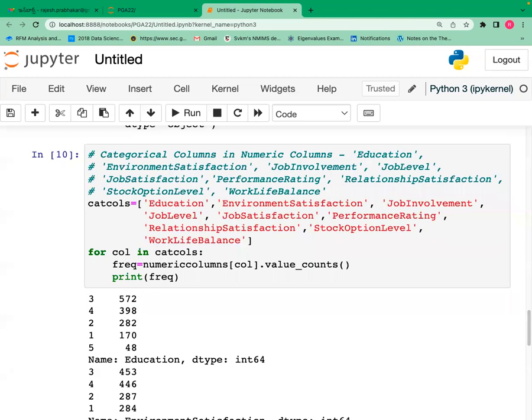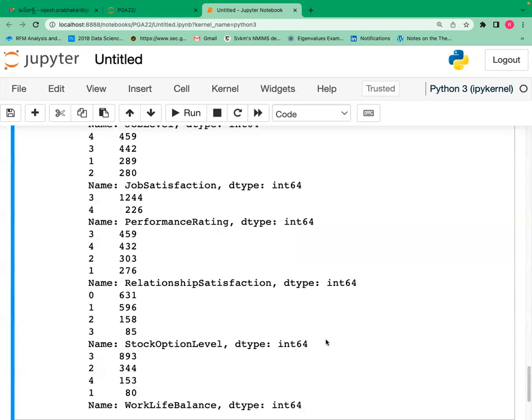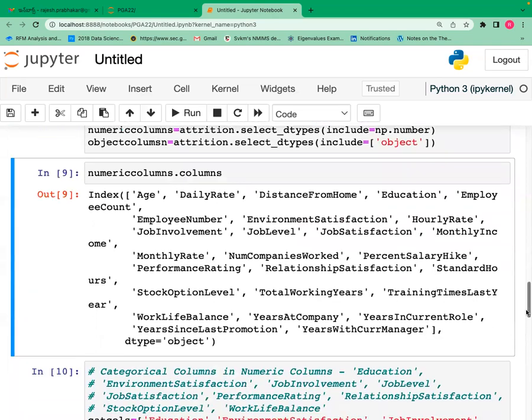The loop will take the column value in each iteration, first education, second environment satisfaction, and then we can check whether they are actually numerical or categorical.